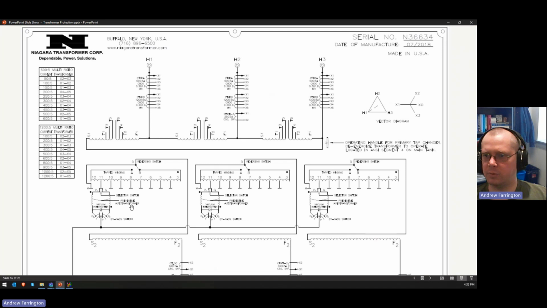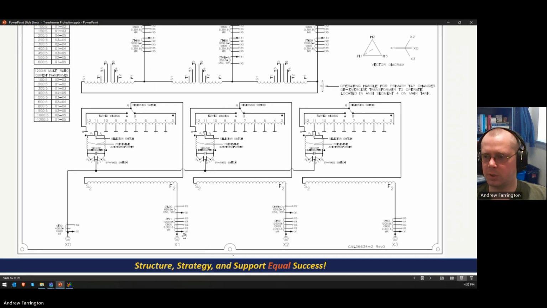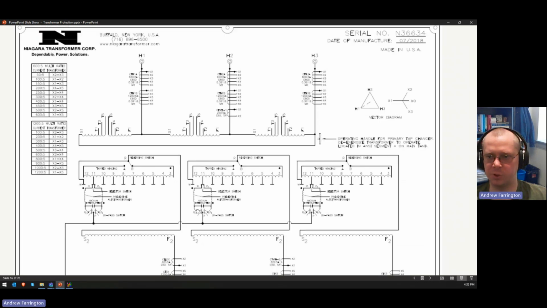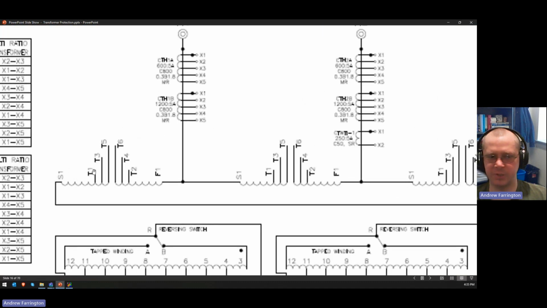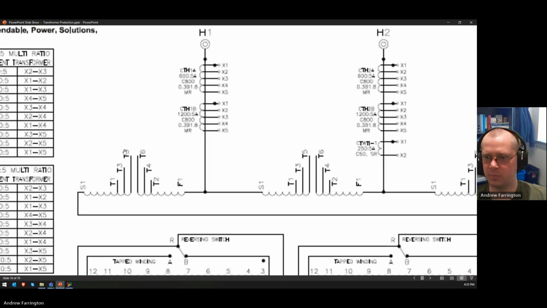This is again a nameplate for that same transformer. You can see the H1, H2, and H3 bushings, and then the X1, X2, and X3 bushings. And because the low side is a Y with the neutral available, you have the X0 bushing. And I said we would talk about the connects term on the previous slide.